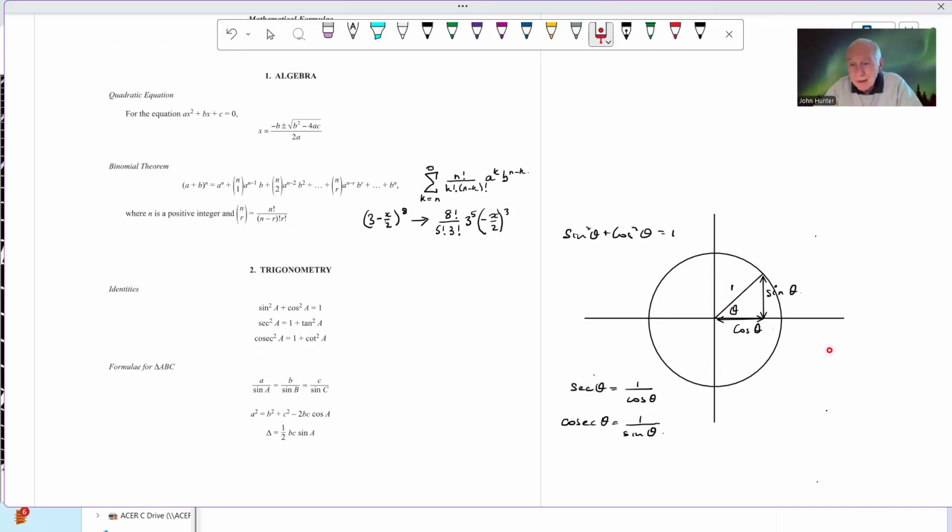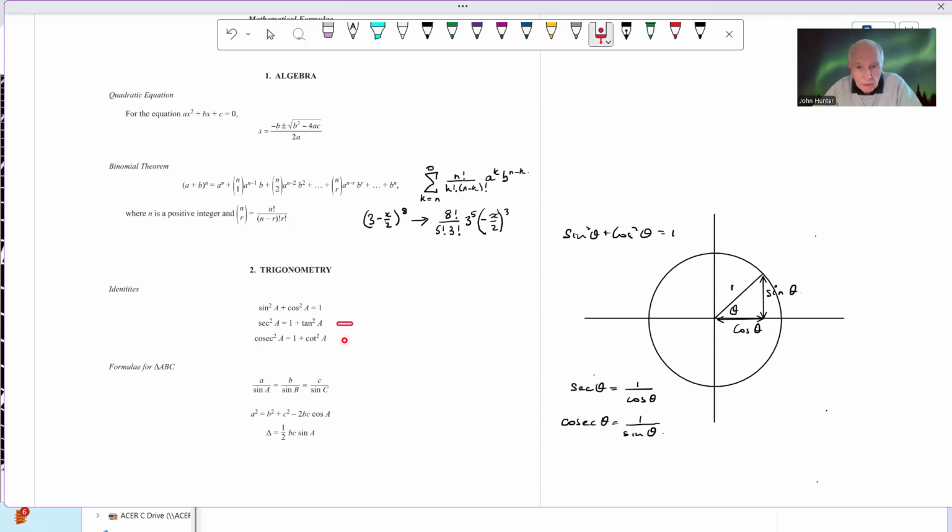So if we now adopt the Pythagorean theorem, we basically get sine squared theta plus cos squared theta equals 1 squared. And we get this. These two come about really by looking at the definitions: sec theta is just 1 over cos theta, and cosecant is 1 over sine theta.